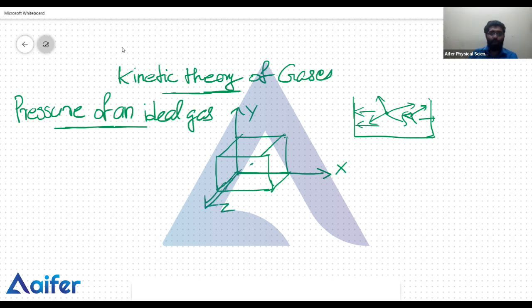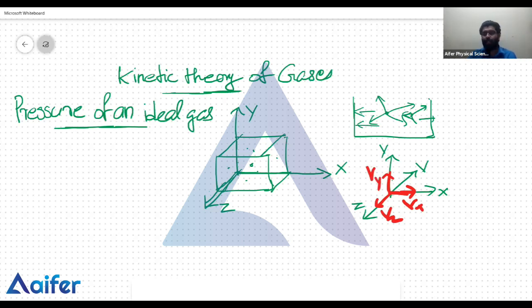They can move inside the container in all possible directions. Let the molecule have an arbitrary velocity, say this is velocity v, which is possessed by the gas molecule. This velocity has components vx, a component along this direction which is vz, and a component along this direction which is vy.